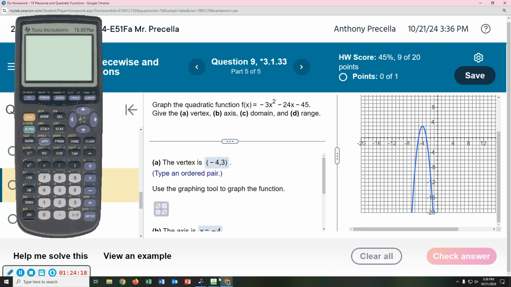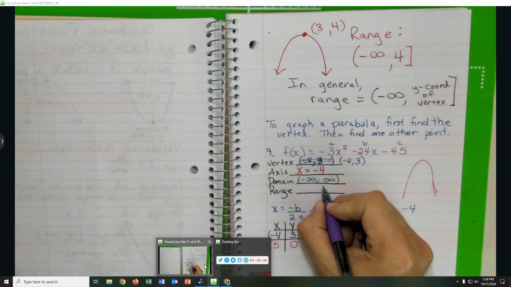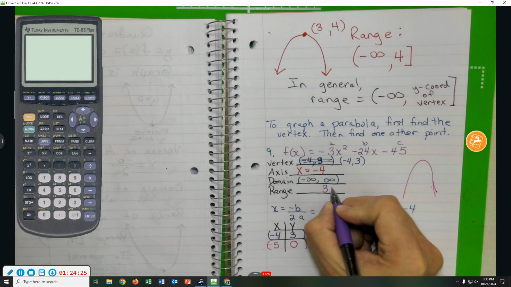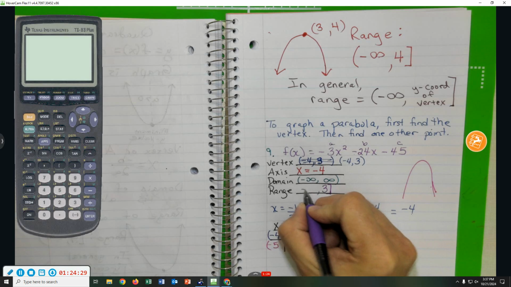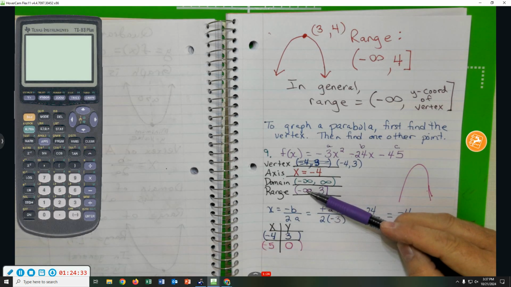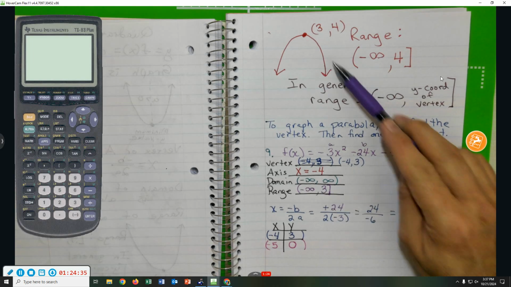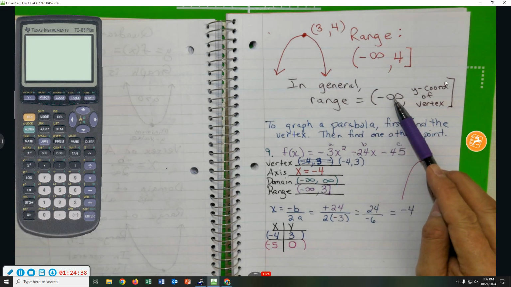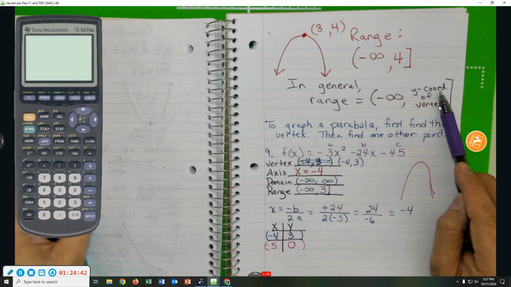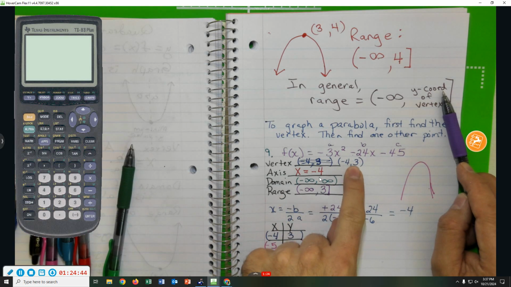So what he just said, the biggest y value is 3, so that means it's on the right. And then everything smaller, negative infinity. The range, since it's opening down, is in the form negative infinity, comma, the y-coordinate of the vertex.